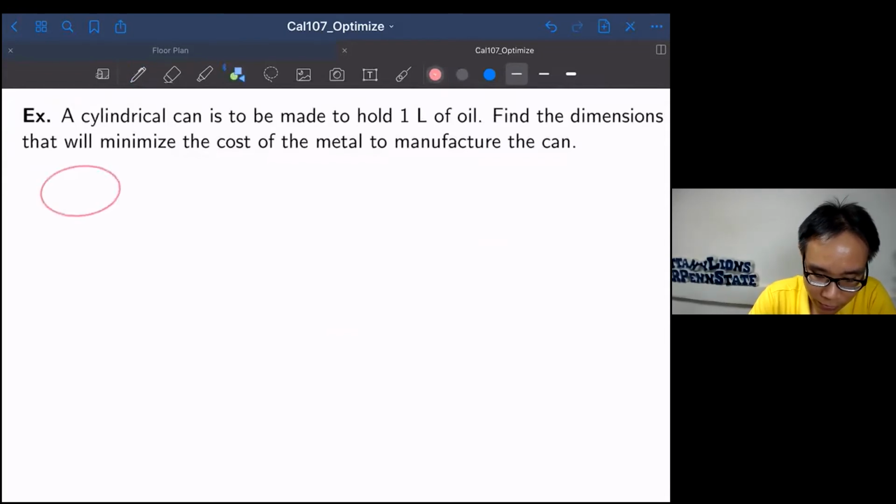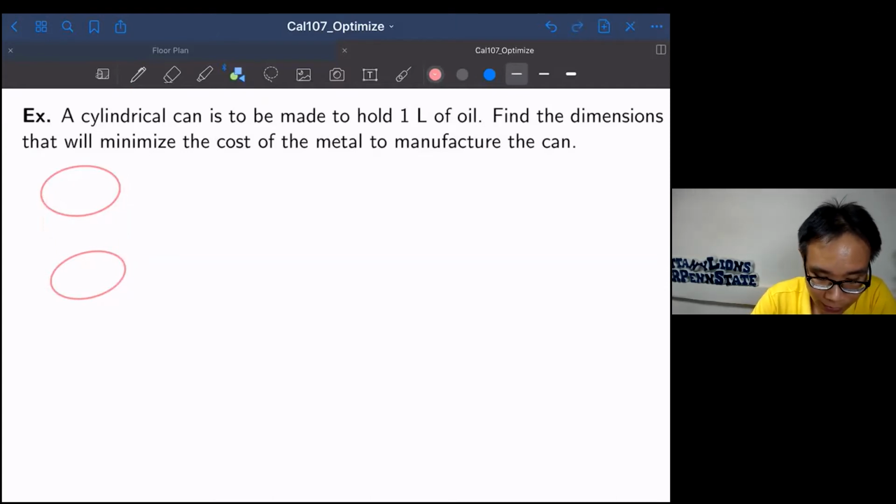So you have a cylindrical can, a straight one, and you need this one to hold 1 liter of oil. Let me draw this one. So this one is your can.